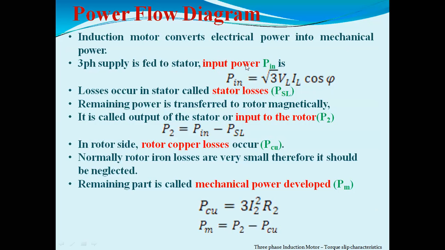It is a bit complicated to explain, but it is the standard formula. Here we are using the square root of 3 because we are calculating for a 3-phase supply. That's why we take its value as square root of 3 VL IL.